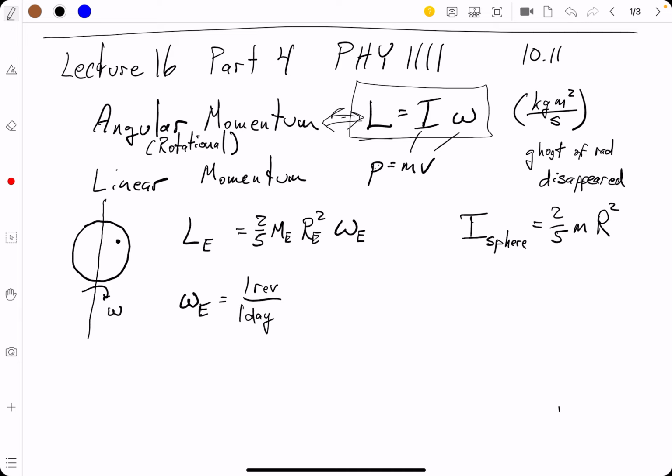We need to multiply that by 2 pi radians per 1 revolution, so that'll get rid of our revolutions. We're going to multiply by 1 day is 24 hours.